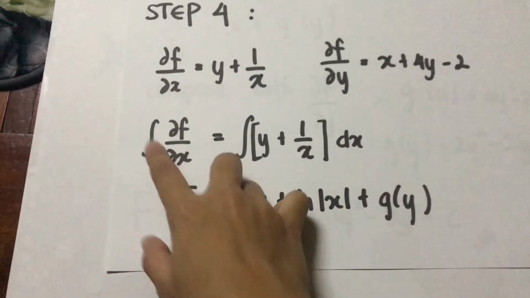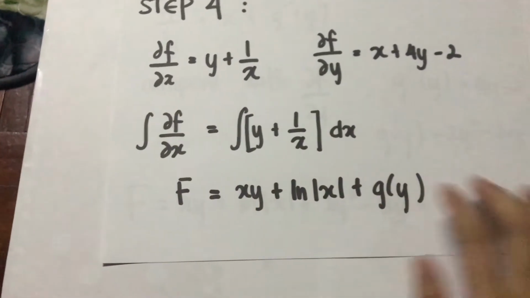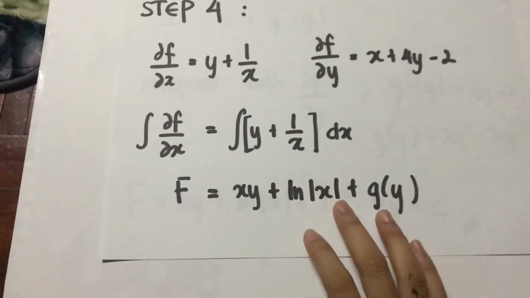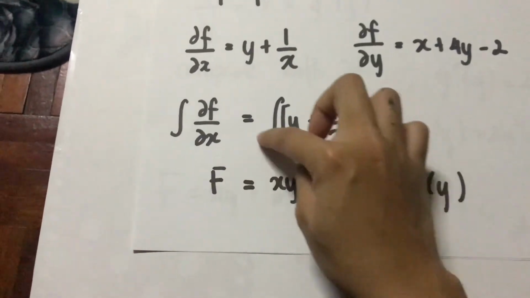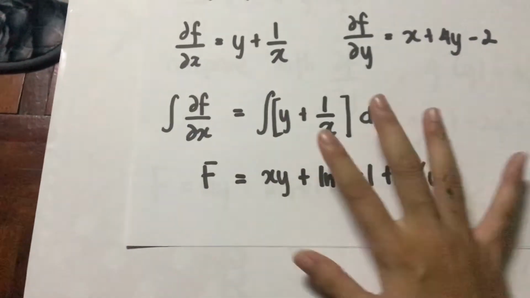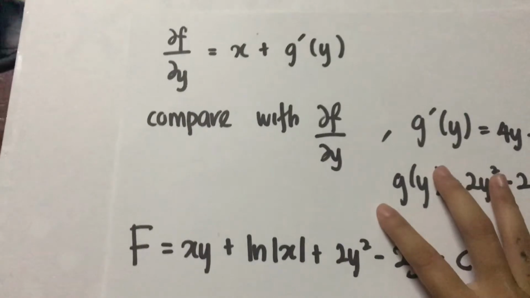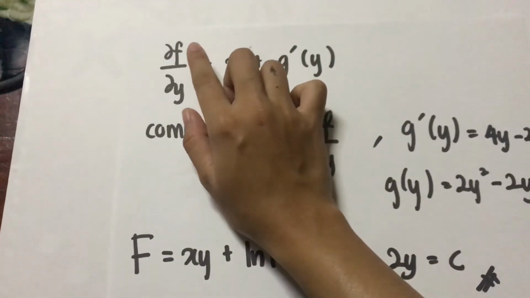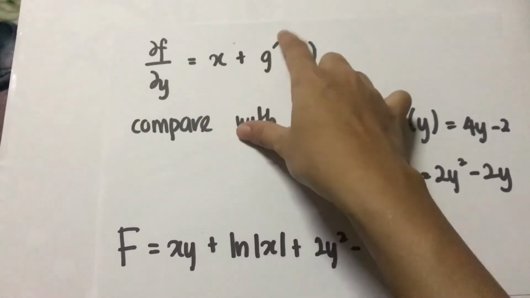Then we integrate this. We're going to form this one, xy plus ln x plus g(y). Then we're going to differentiate f with respect to y, and we got this, x plus g prime y.